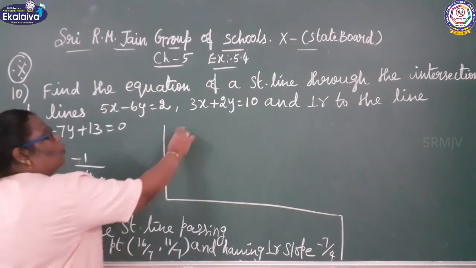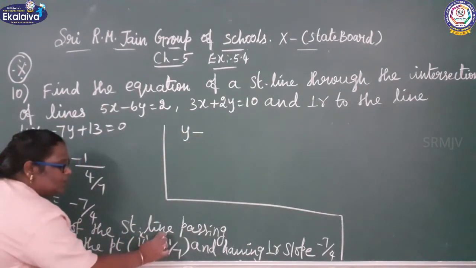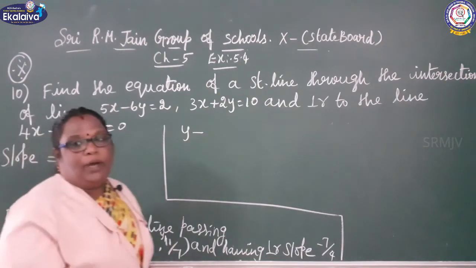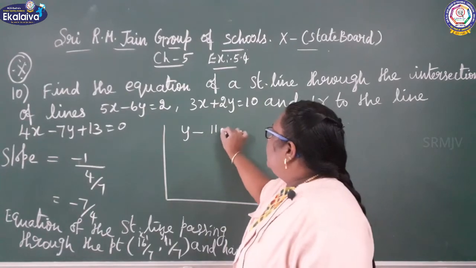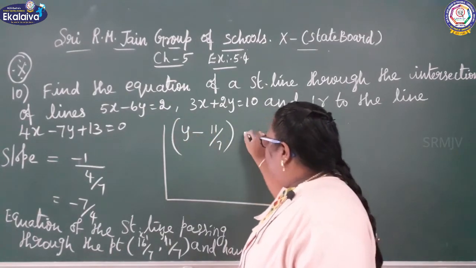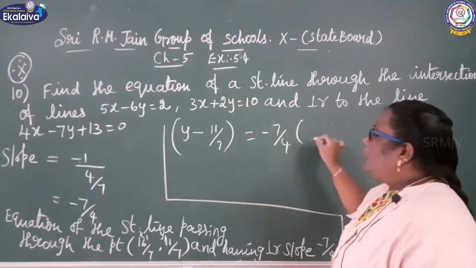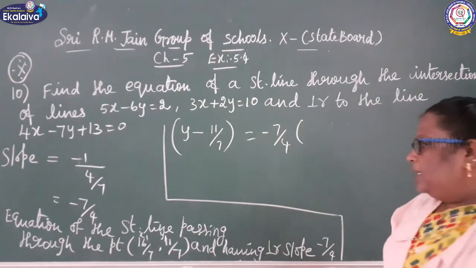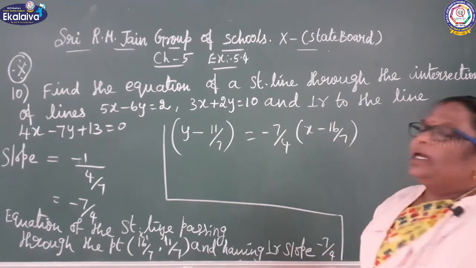The formula is y minus y1. This is x1, this is y1. y minus y1, y1 value is 11 by 7. Perpendicular slope is minus 7 by 4 into x minus x1, x minus 16 by 7.